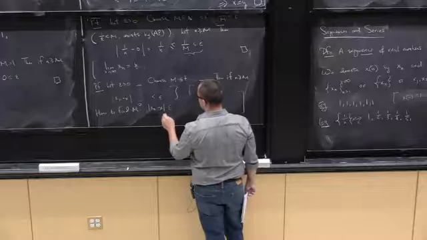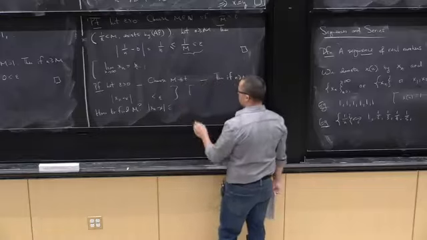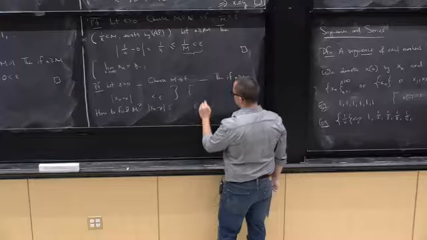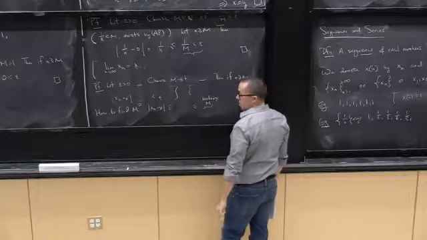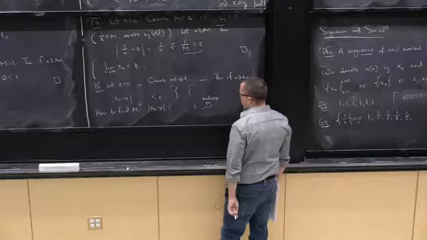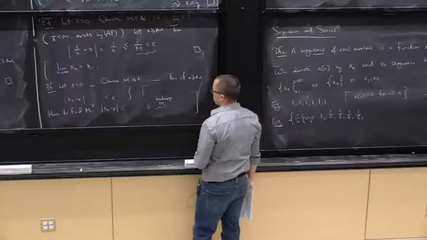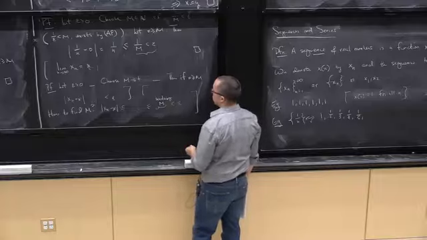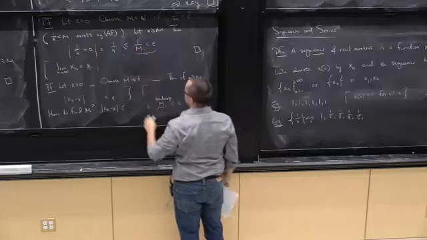Maybe you write it differently, or add and subtract something, or multiply by 1 in a fancy way. And you'll get some expression typically involving M. And as long as this expression involving M is simple enough, then you choose capital M so that this thing is less than epsilon. Now, simple enough, for example, 1 over M, I can choose capital M so that this is less than epsilon by the Archimedean property.